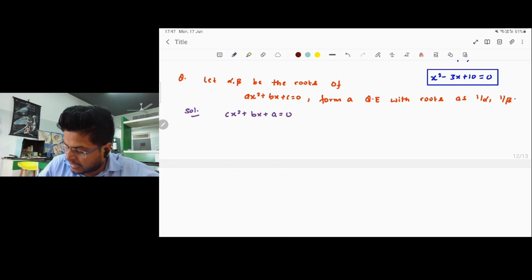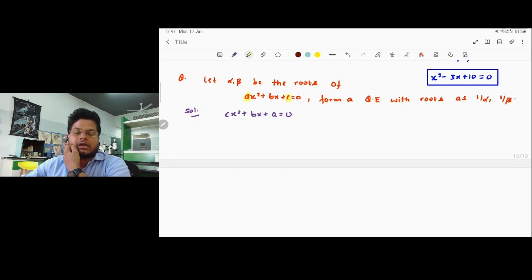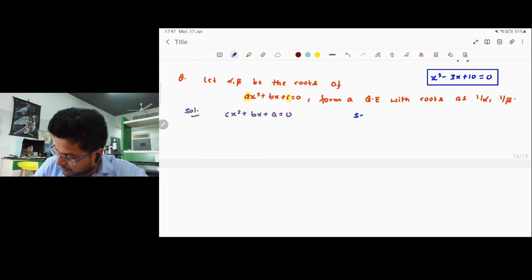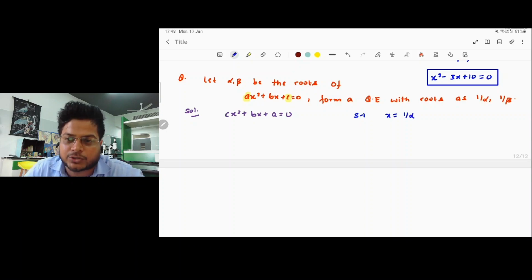What I have done, I have just interchanged their position. It's not like some magic is there or I have memorized the answer. It is the logic that I have just discussed with you. So let's follow our algorithm. Step number 1, you write x equals 1 by alpha, the root which you want. Step 2, find alpha in terms of x. So you got alpha equals 1 by x.